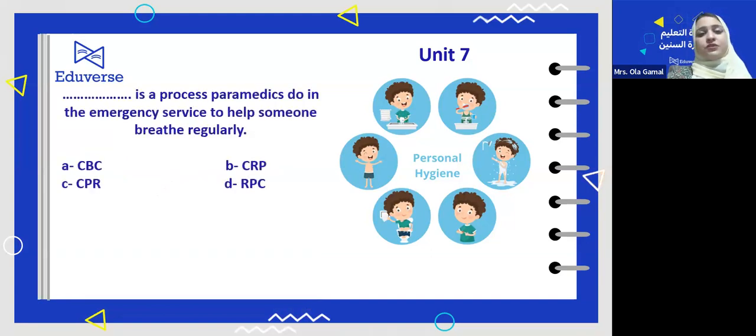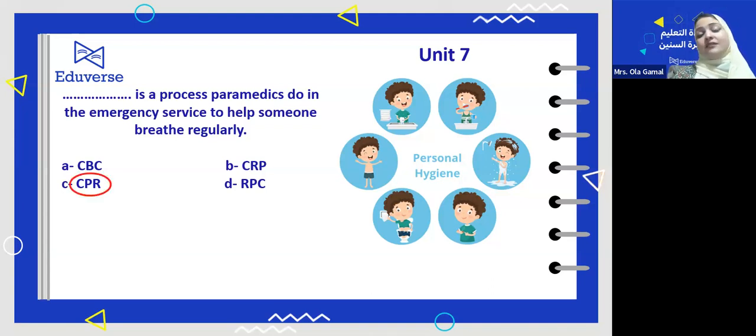What is a process paramedics do in emergency service to help someone breathe regularly? Is it CPC, CRP, CPR, or RPC? Which one? Try to guess. Yes, excellent. It's CPR.